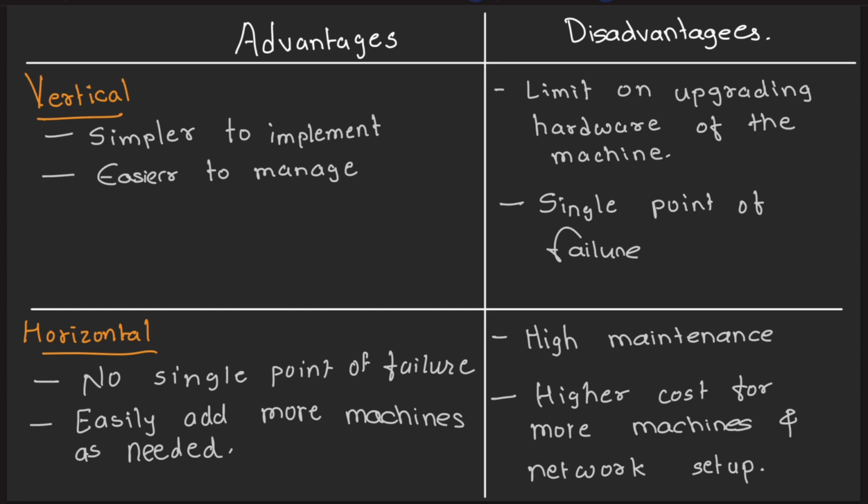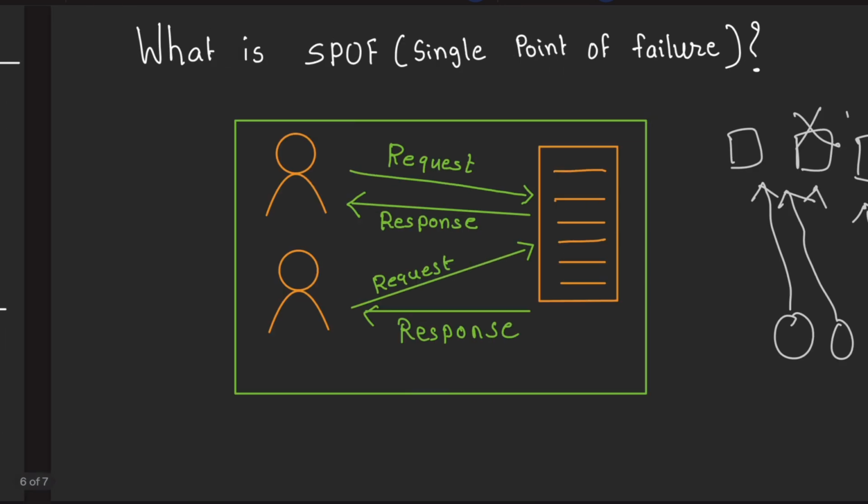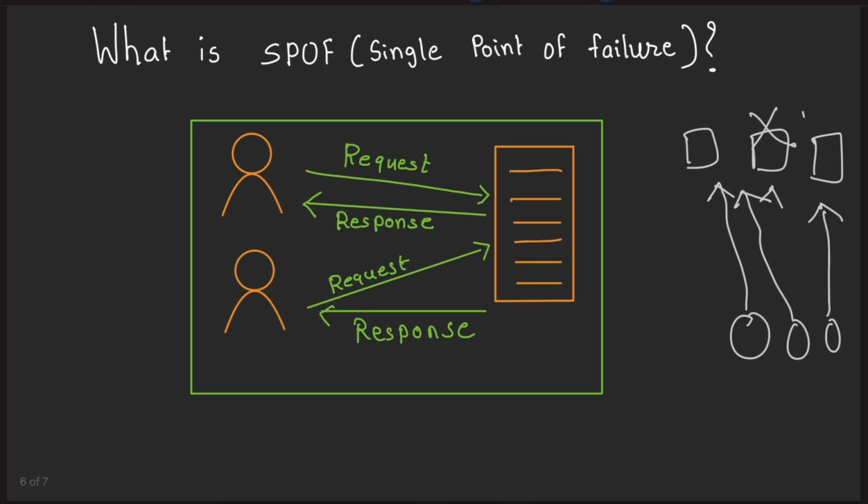If you are working with smaller systems, vertical scaling may be enough. But for systems that need to grow massively and handle lots of traffic, horizontal scaling is the way to go, right?